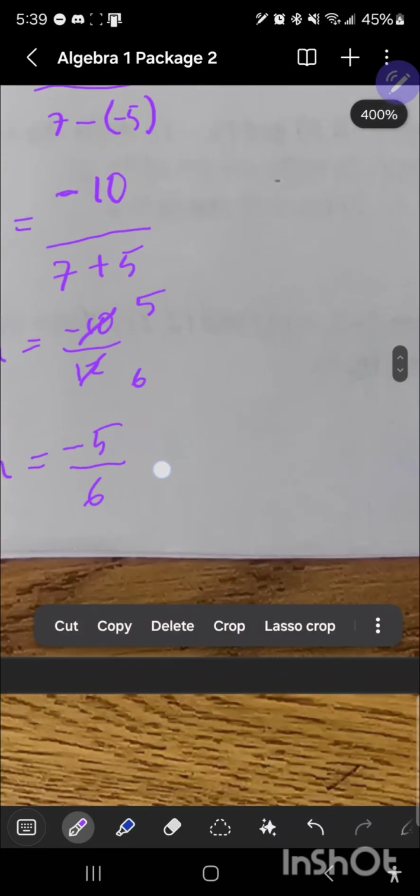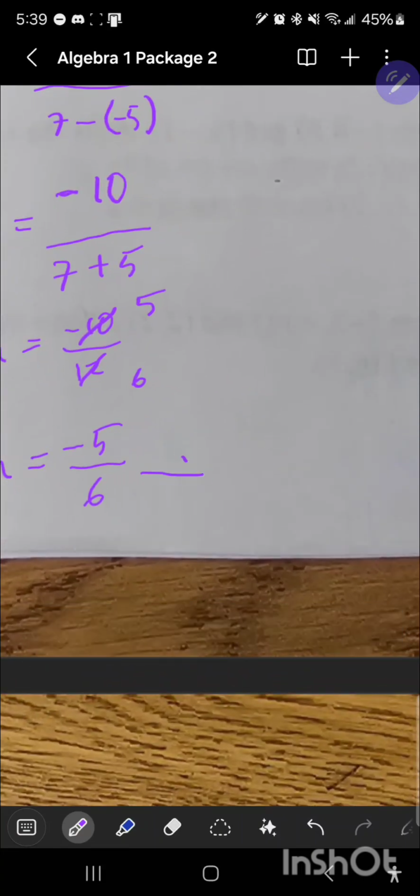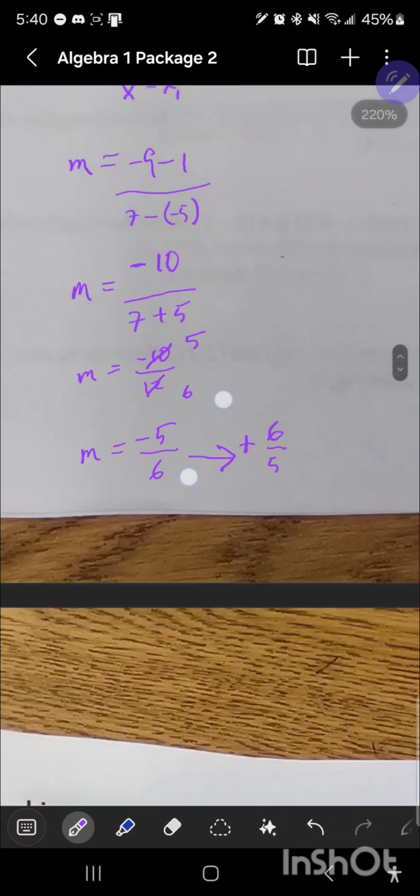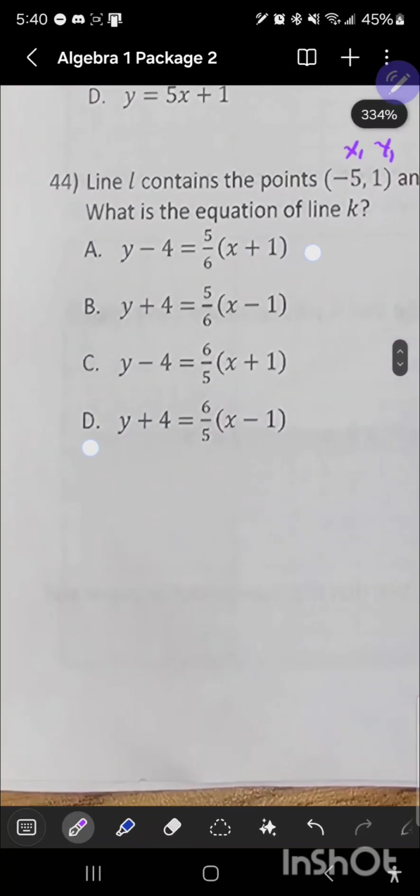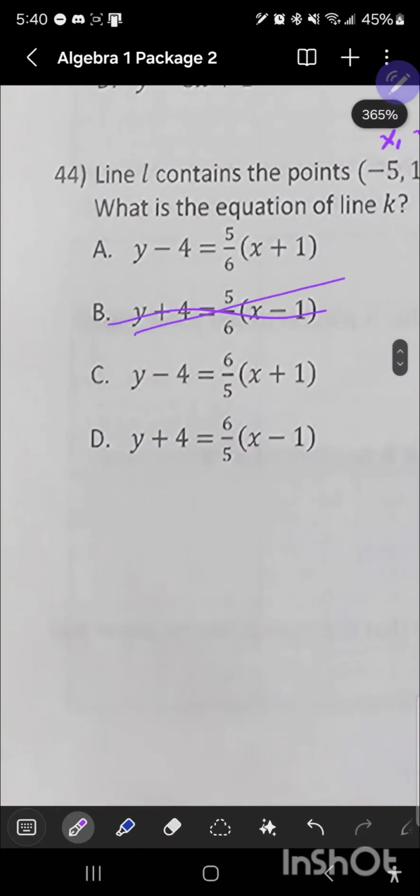The perpendicular slope will be the opposite reciprocal. This is negative, so our answer will be positive. That's the opposite part. And then we just take the reciprocal. The one in the bottom will go up, the one in the top will go to the bottom, and we have 6 over 5, positive.